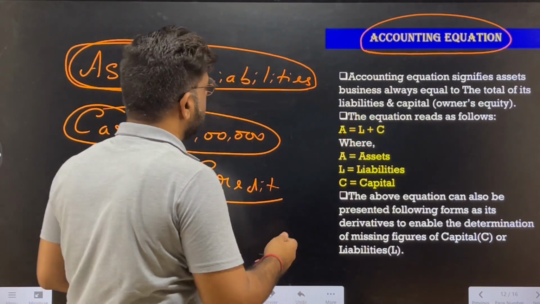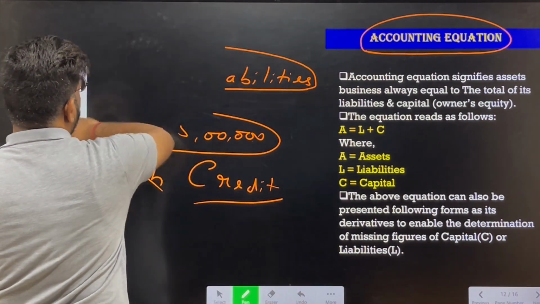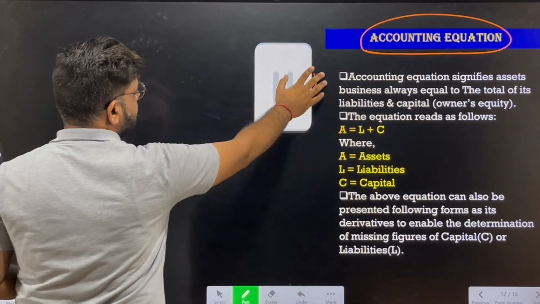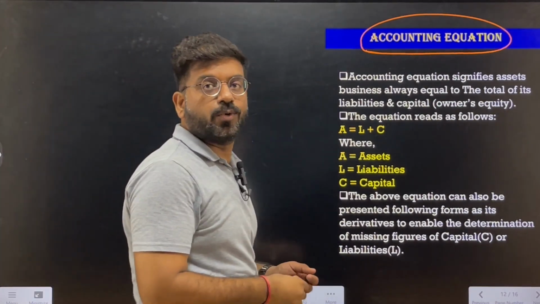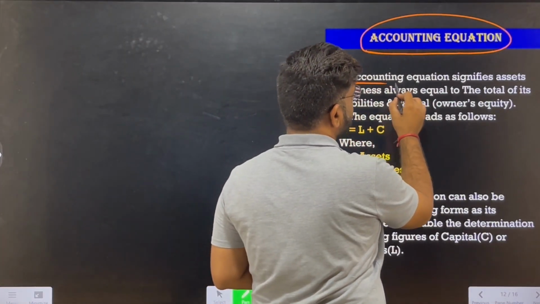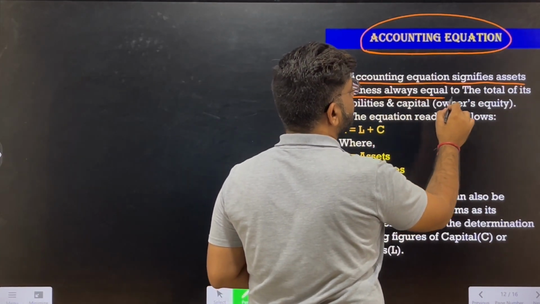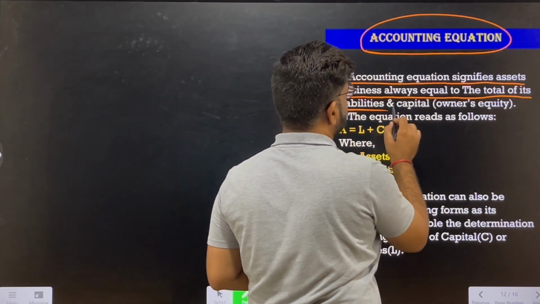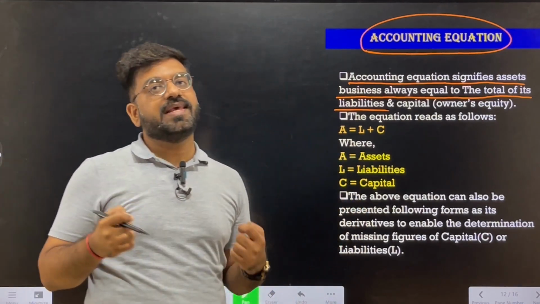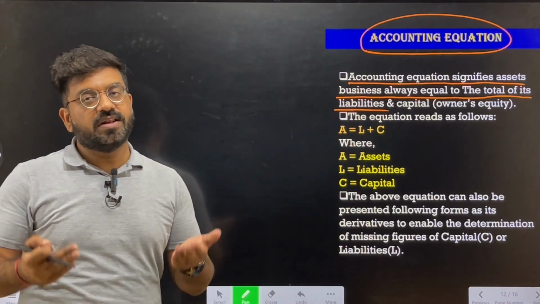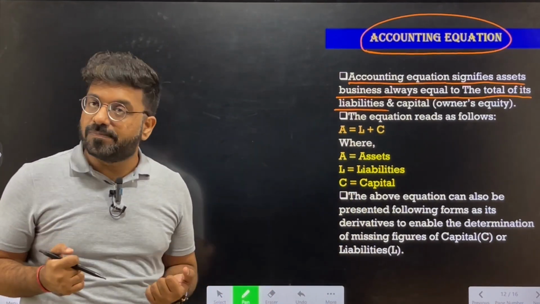Okay, let's just read out the explanation part, then I'll explain with one more example. Accounting equation signifies that assets of the business are always equal to the total of its liabilities. As I just told you, the total of all the assets will be equal to the total of all the liabilities.